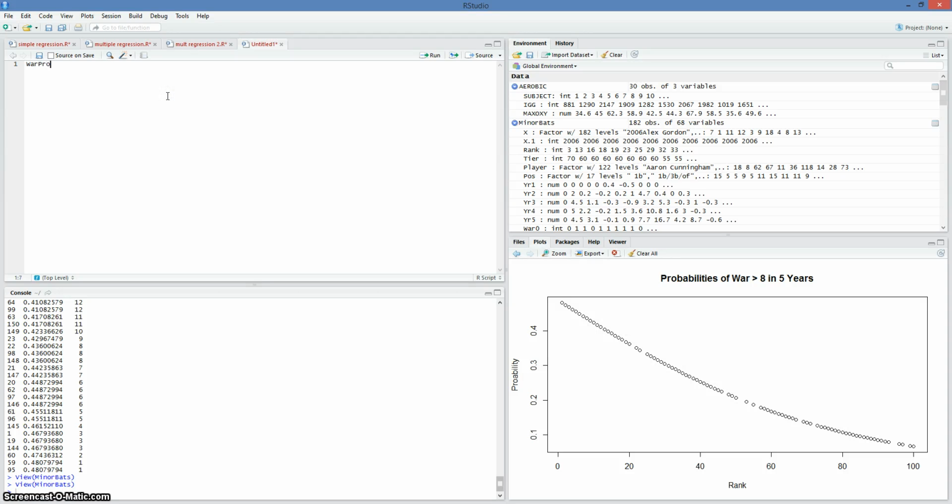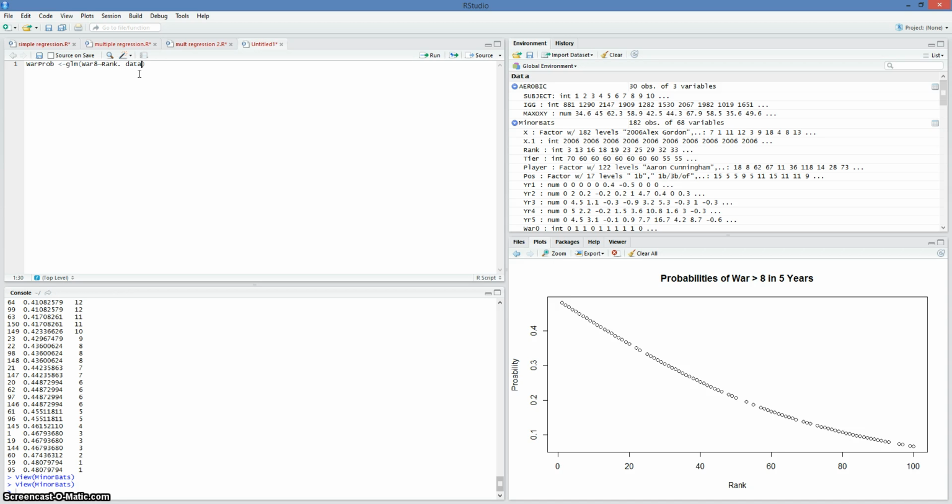I'm going to create a WAR probability variable as a general linear model where WAR 8, essentially whether the amount of WAR is 8 or greater, which is a binomial variable, as a regression on rank.